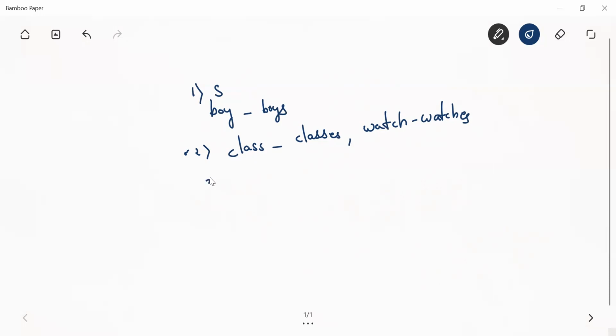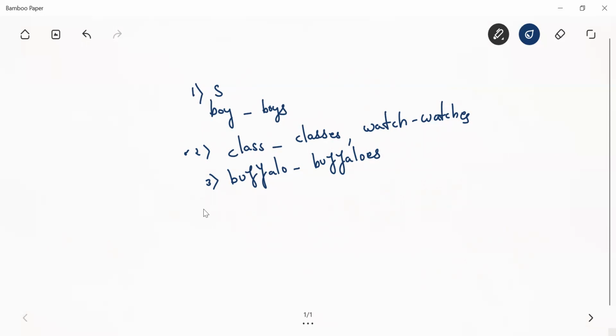For example, we have buffalo, BUFFALO. What will we add? We will add ES: buffaloes. Then sometimes we simply write S.